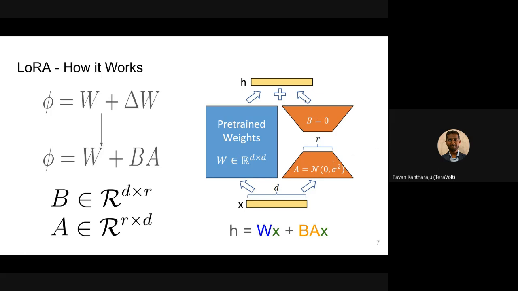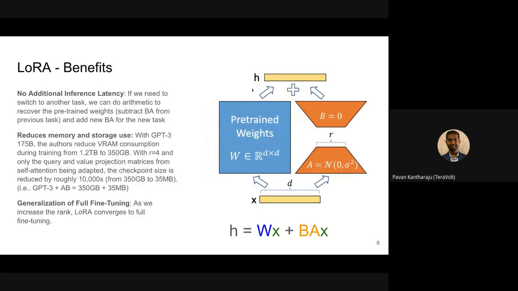So with that, I can go into the benefits of this. Again, I mentioned that there's no additional inference latency. One really cool thing is that if you want to switch between different tasks, because it's just WX plus BAX, you can subtract out BA for one task, and then add BA for a new task.